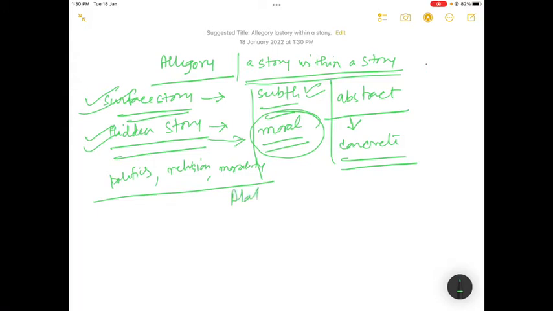We can take the example of Plato, Cicero, Augustine, they made use of allegory. But allegory was very popular in the Middle Ages.